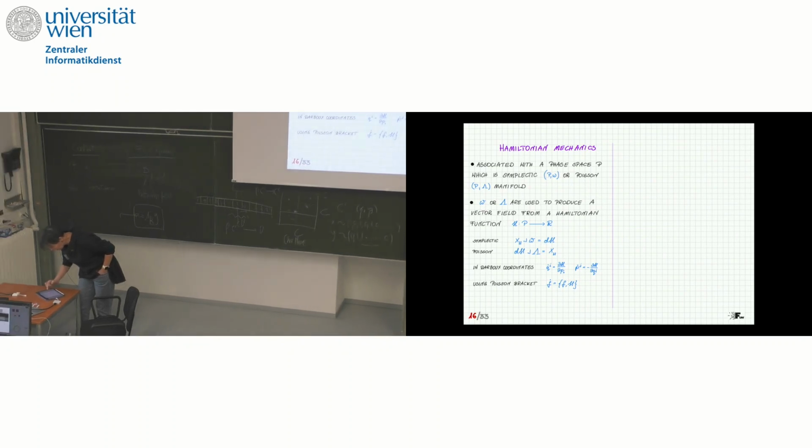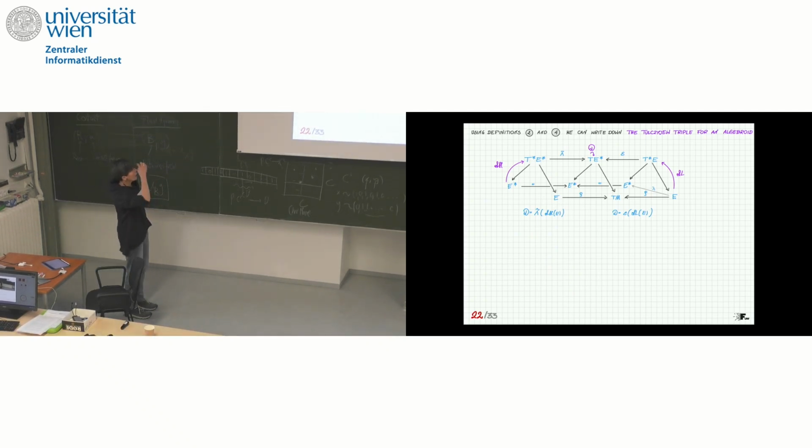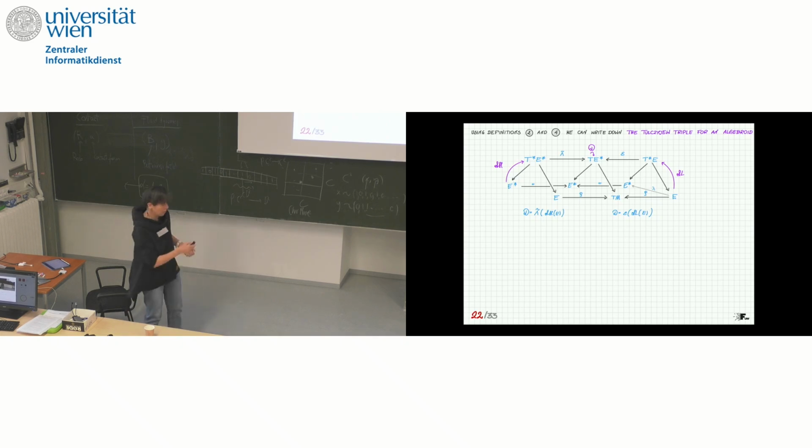I'll skip the definitions of Lie algebroids, but come to this diagram where we first defined an algebroid in 5 different ways, and there were 2 ways that are of interest here. One of them was that a Lie algebroid is a linear Poisson bivector on E star, and from this bivector I can construct a map.